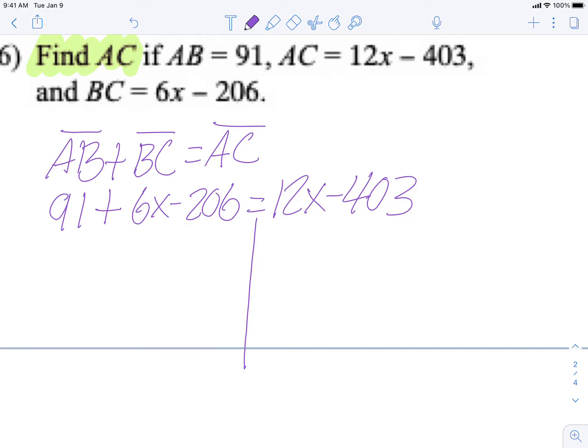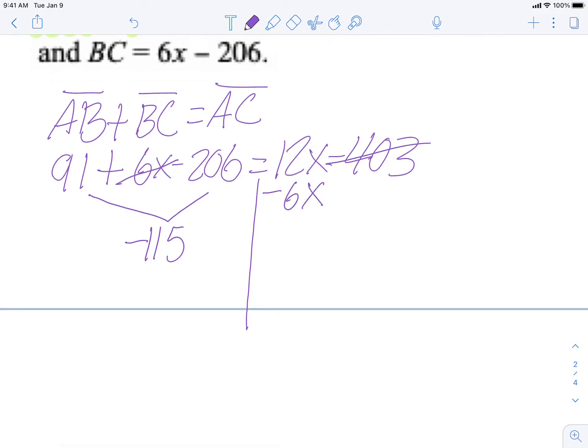So let's bring these two together. A positive 91 and a minus 206 are not the same sign, so I'm going to subtract. 206 minus 91 is equal to 115, and it's a negative because 206 is bigger. So I'm going to move this positive 6x over to this way and call it minus 6x. So that means I'm going to move this minus 403 and call it plus 403.